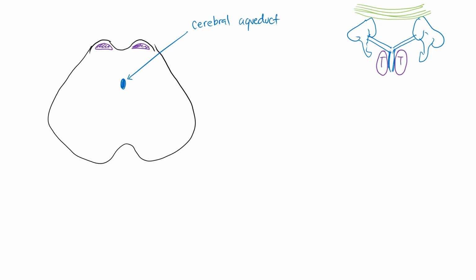You have the two thalamic nuclei, one on each side, and so if you cut the brain in half, you would see the third ventricle, and just after that would be your thalamus. Now, continuing on, from your third ventricle, that's your cerebral aqueduct.